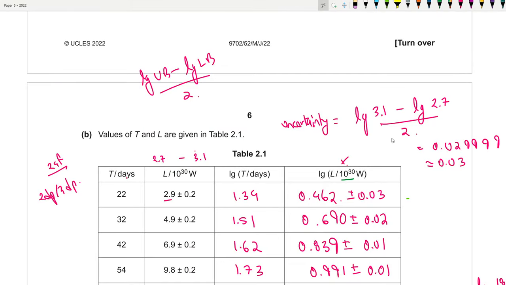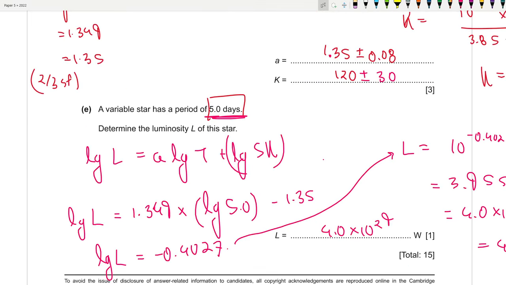So when you remove the log, you need to introduce 10 to the power 30. So that's basically 3.9559 into 10 power 30, which gives us an answer of this. If you round this off to 3SF, it's 3.96 into 10 power 29, or 4.0 into 10 power 29 to 2SF. So this is one way of solving this.